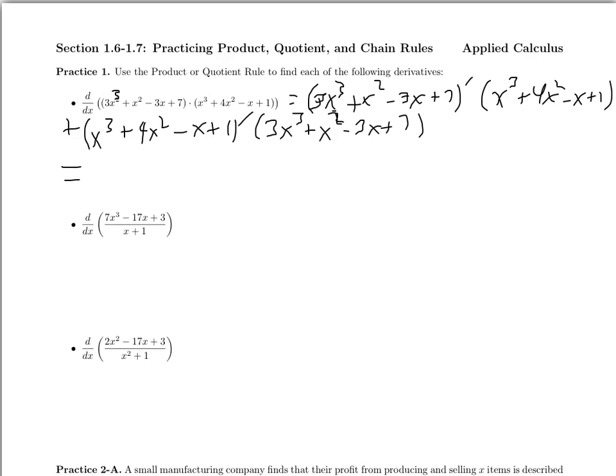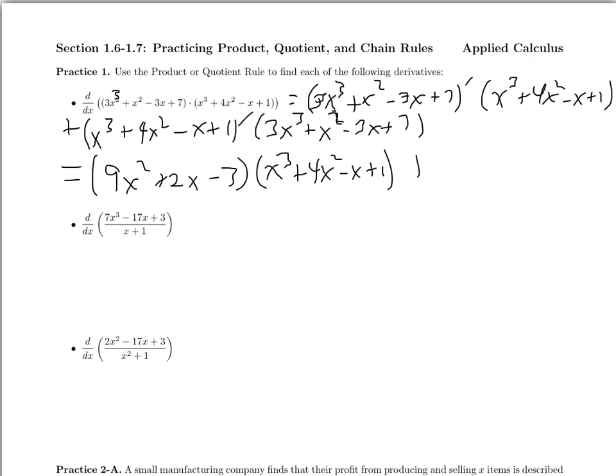And so now if I actually find this derivative, this should be fairly straightforward. I'll just simplify it as I go. So that's 9x squared plus 2x minus 3. So that's the derivative of this piece. And then we're going to multiply that by the original second term.